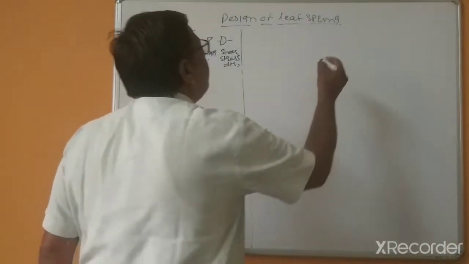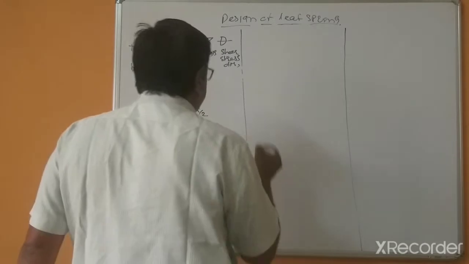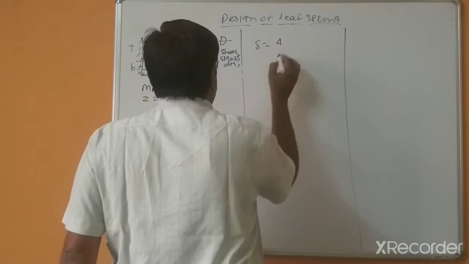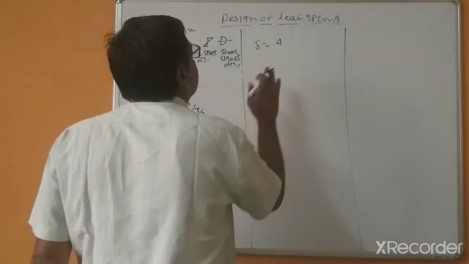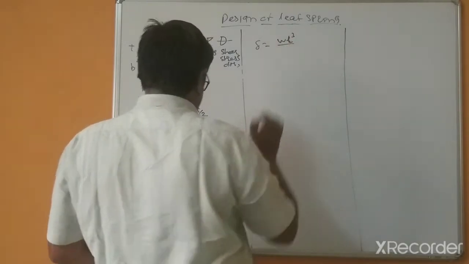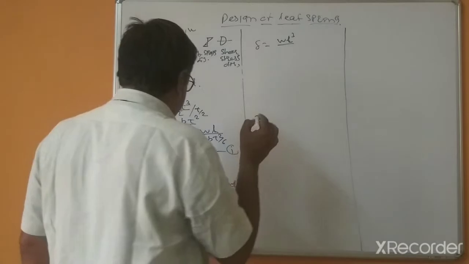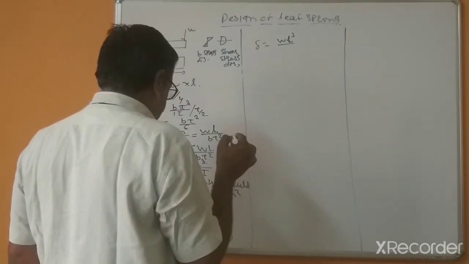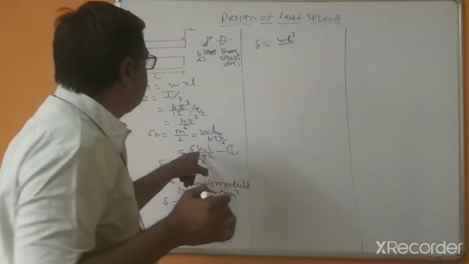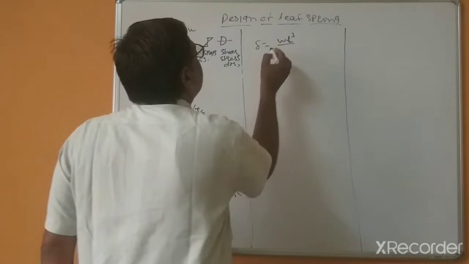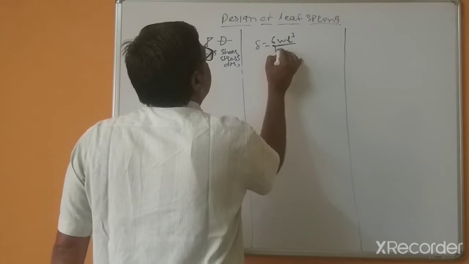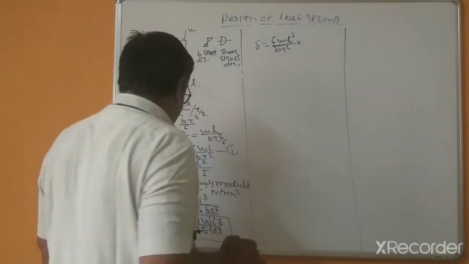So for the same deflection equation, taking WL cube common, because this is 3EI, and this is 6WL divided by bt squared.